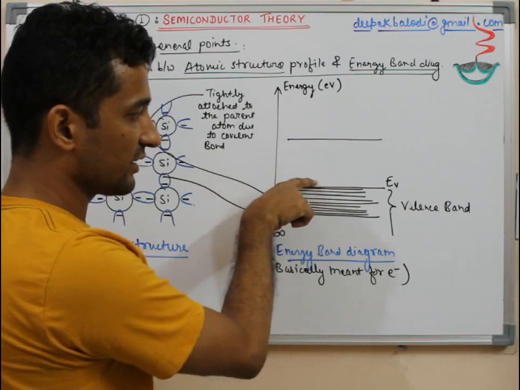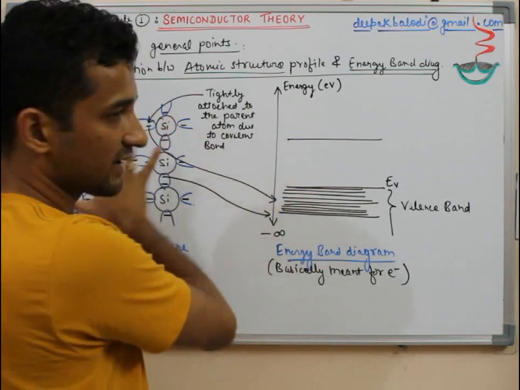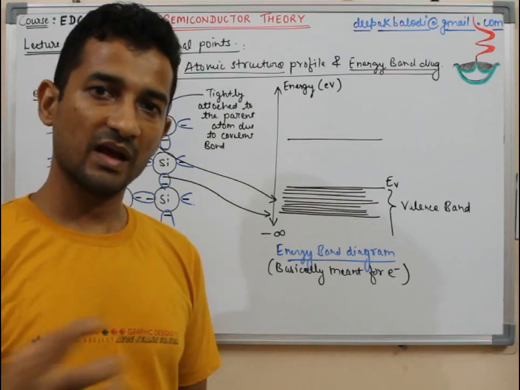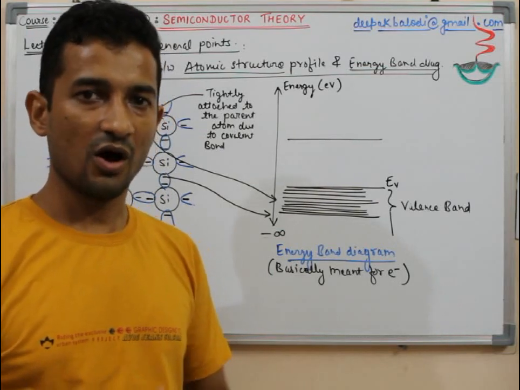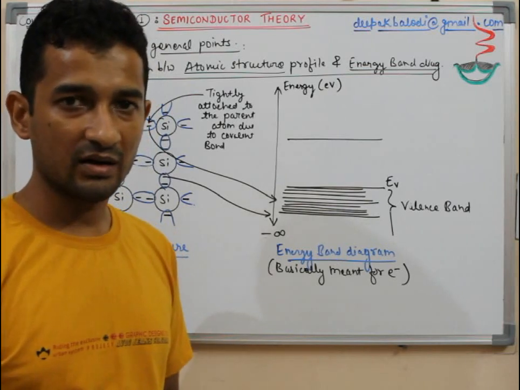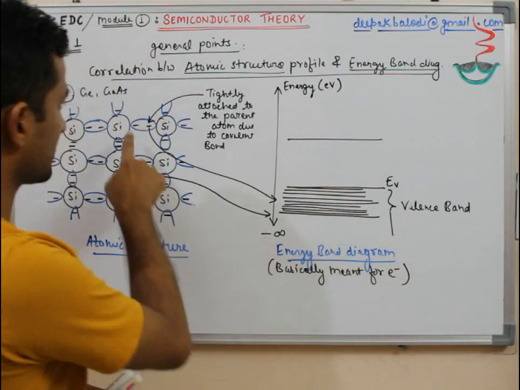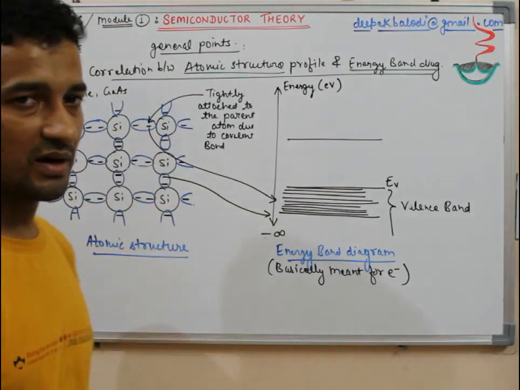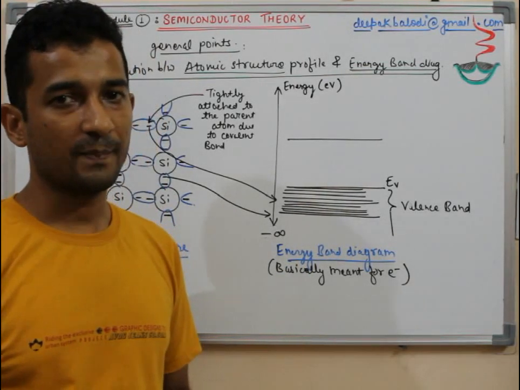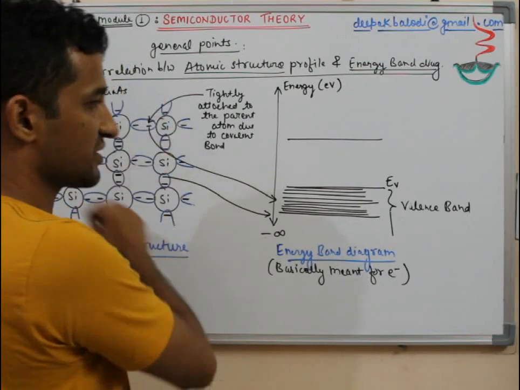After this highest value of energy, when electrons are well attached to their parent atom, they require sufficient external energy or some internal energy to get detached from their parent atom. As soon as one electron gets detached, it becomes free to move within the material, within this atomic structure.